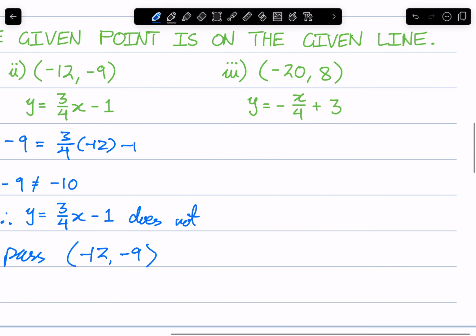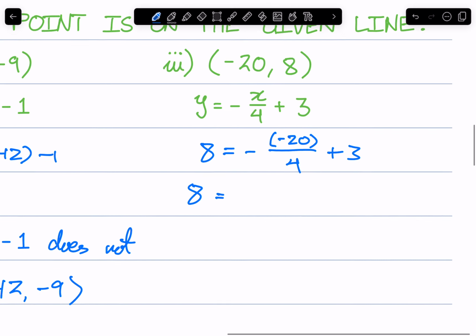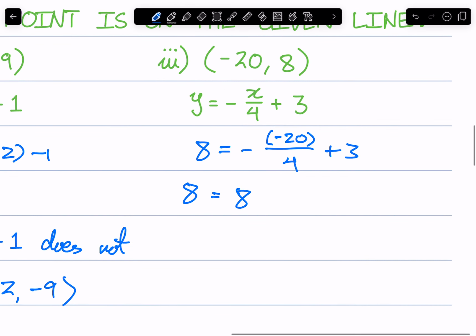All right, final example. Once again, substituting both. 8 equals negative 20 on 4 plus 3. Take a look at what happens. Into my calculator, the 8 is still on the left hand side. Negative of negative 20 over 4 plus 3. 8 does equal 8.